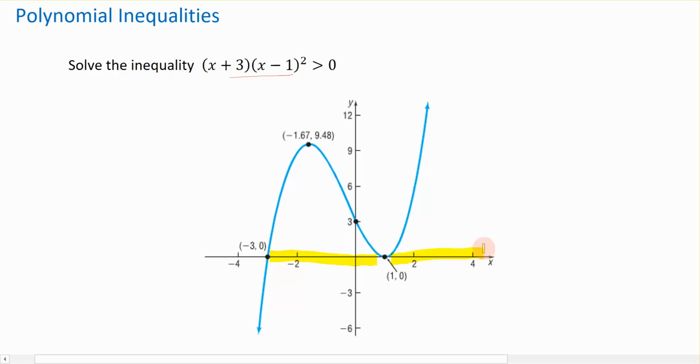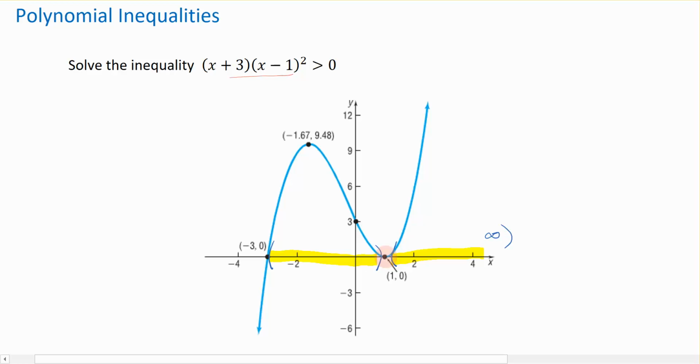Because I have this symbol here, greater than but not equal to 0, I am greater than 0 between -3 and +1, but then I'm also greater than 0 from 1 all the way to infinity.